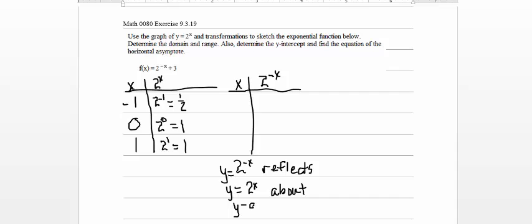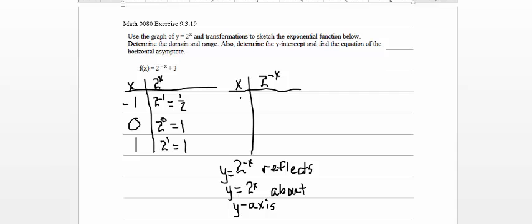Now, another way to understand this is that you are changing your x coordinates by multiplying them by a negative 1. But there's no change to your y coordinate.